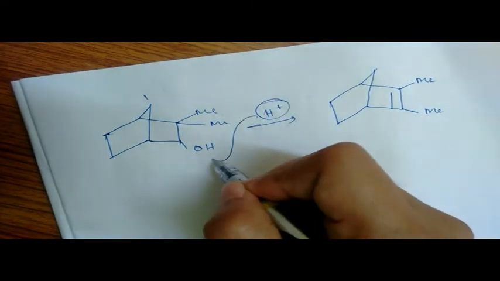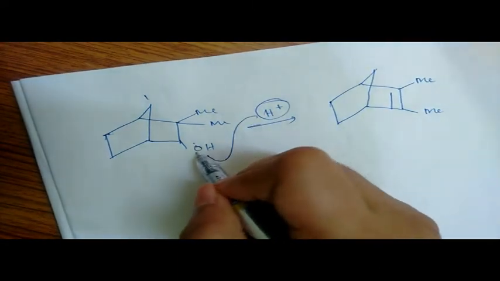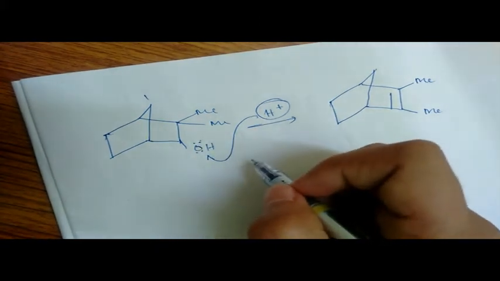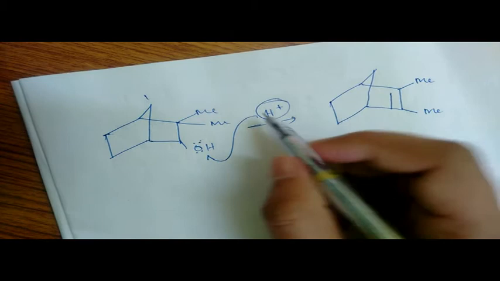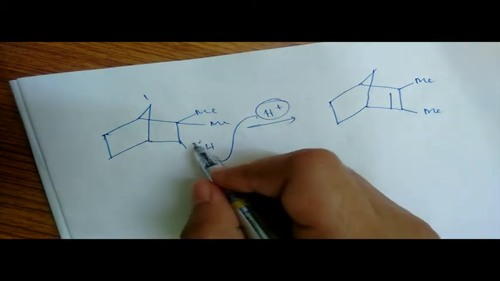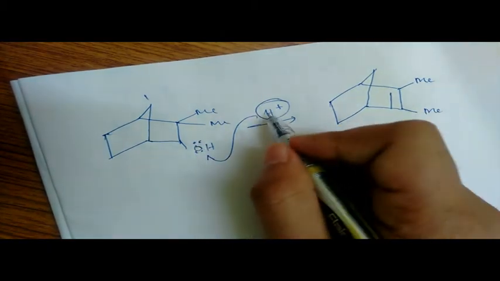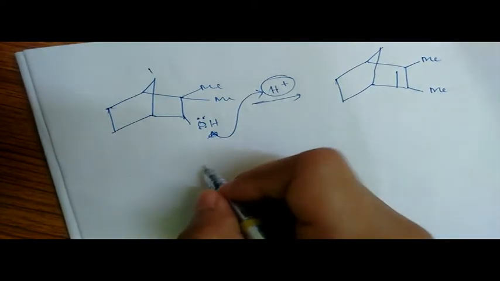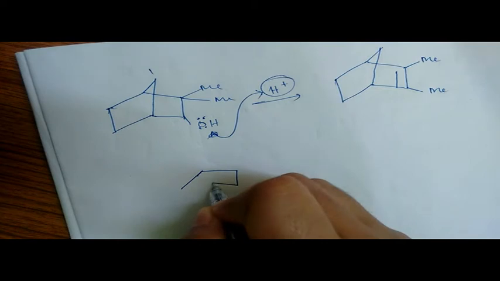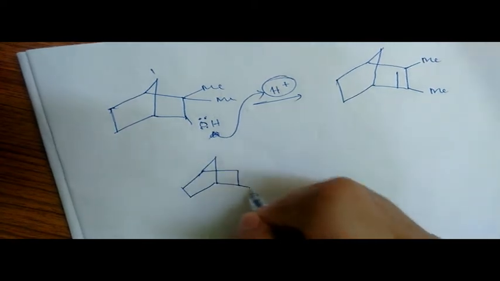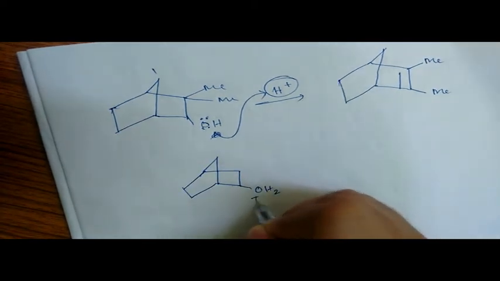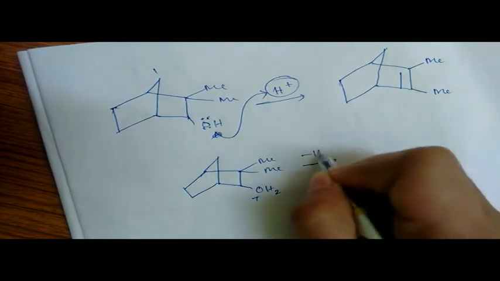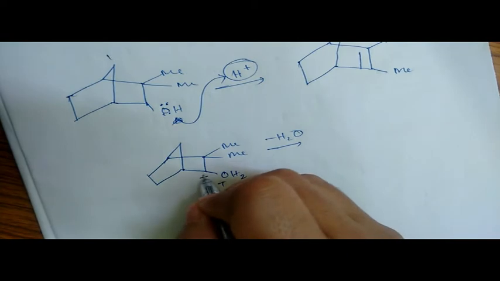This H plus, this lone pair present in the oxygen will take up this proton to generate a very good leaving group, OH2 positive, and after the elimination of a water molecule we generate a carbocation in this position.